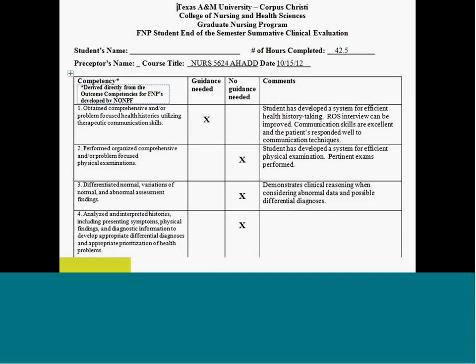Here's a sample of the start of a form. On the second page is a narrative, where you can write in any concerns or anything that you saw that you want to talk about. Sometimes it's positive, sometimes it's encouraging them to make some changes.